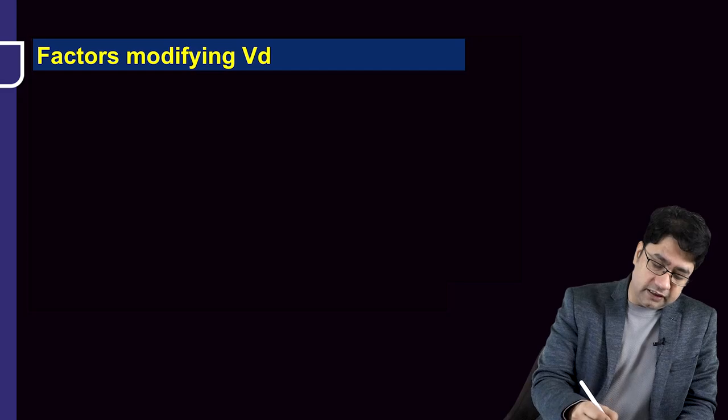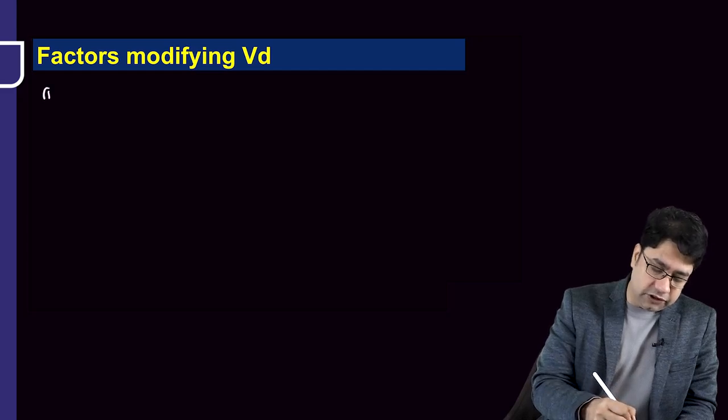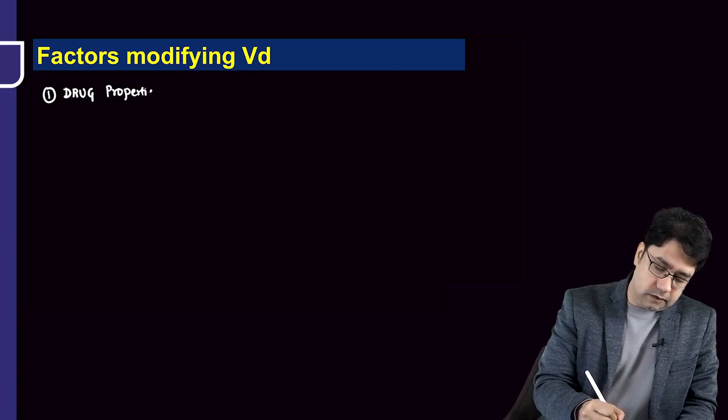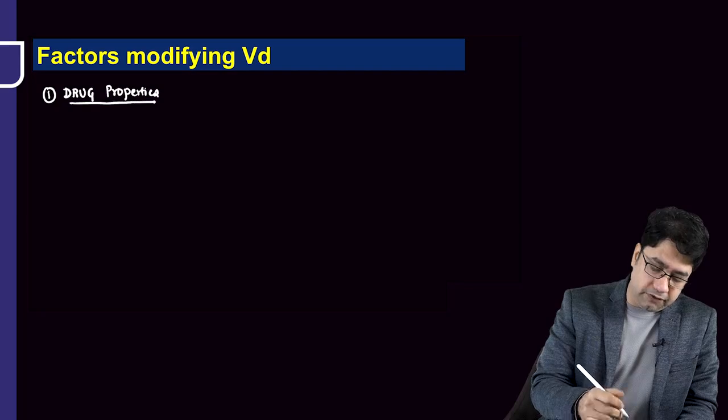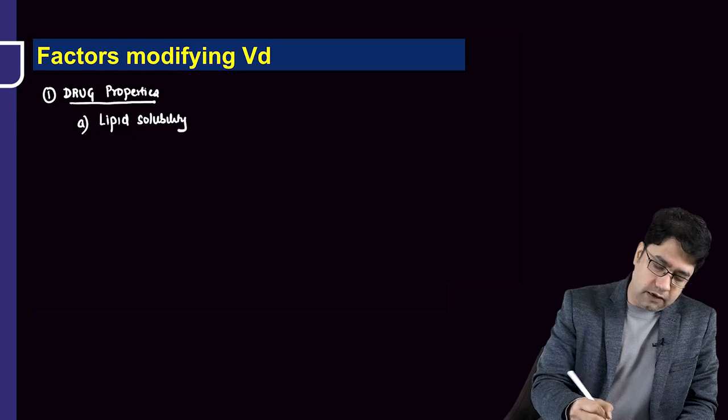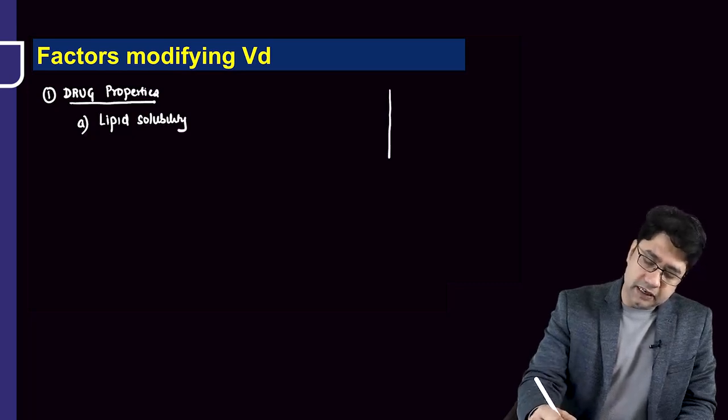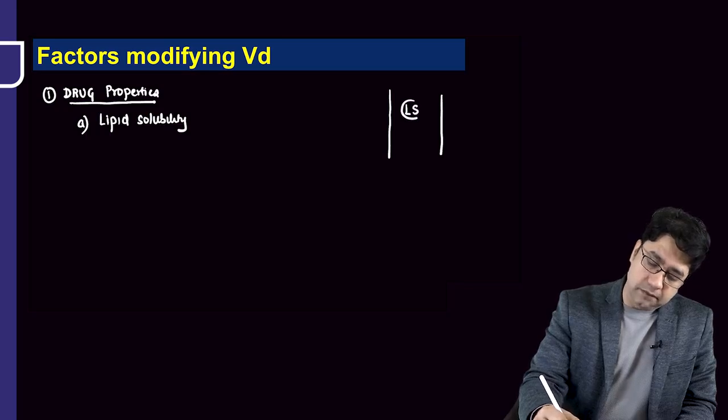The first factor which modifies volume of distribution is drug factors, the properties of the drug. And the first property of a drug we will write is lipid solubility. Now it's very simple. Suppose this is plasma and this drug is lipid soluble.